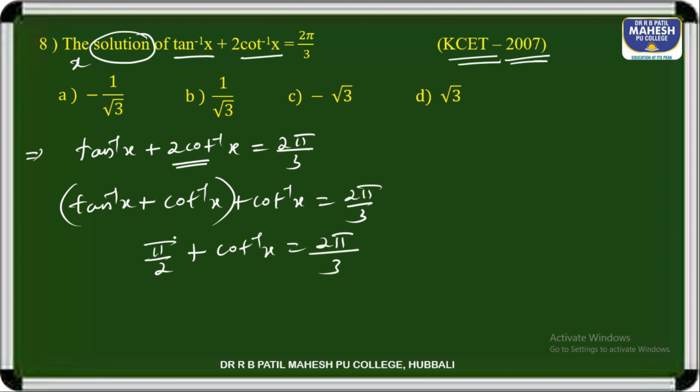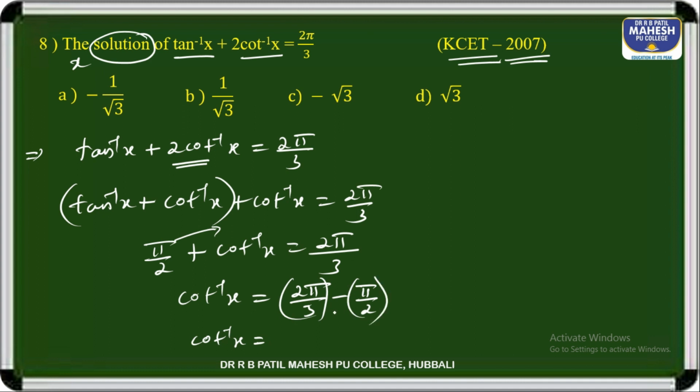Now shifting pi by 2 to the right hand side, very simple simplification. So that cot inverse x equals 2 pi by 3 minus pi by 2. So here 2 pi by 3 means 120 degree minus 90 degree. 120 minus 90 is 30 degree, that is going to be pi by 6. So cot inverse x is pi by 6, then x is equal to, is it cot pi by 6?